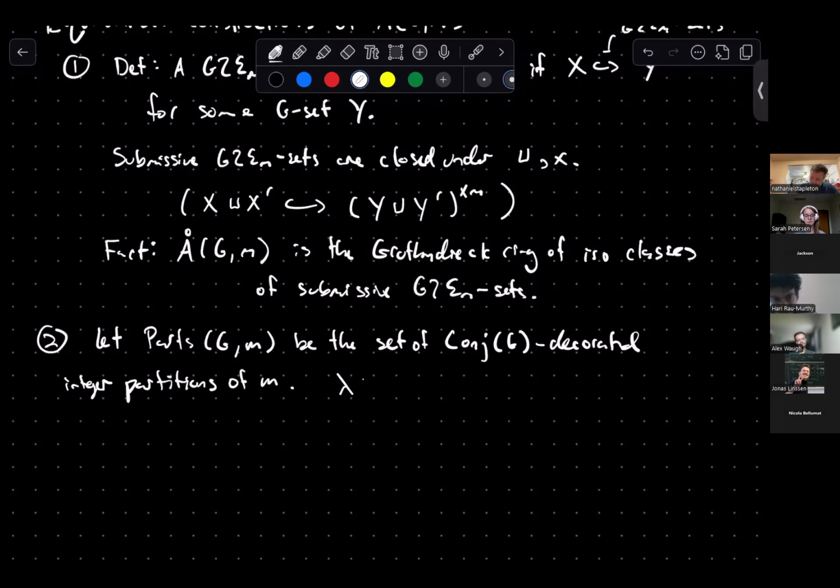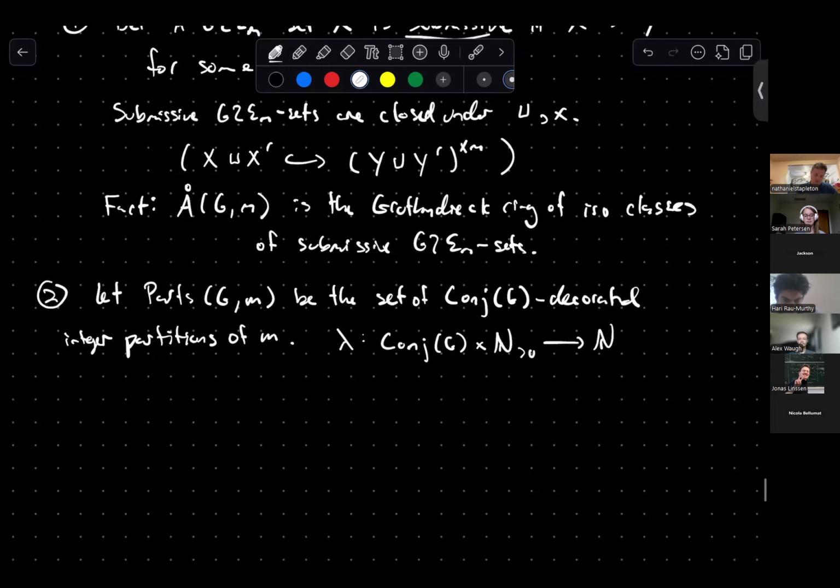Let's remember that such a thing is a map lambda from the set of conjugacy classes of subgroups of G times n greater than 0 to the natural numbers, with the property that if I sum over all pairs, where I take a conjugacy class of subgroups and a positive natural number I, of the value of lambda on the pair times I, I get M.